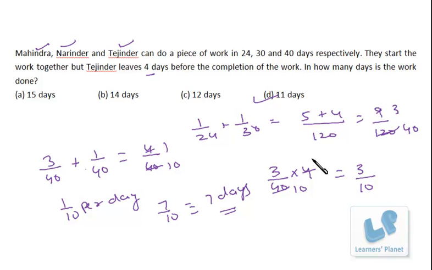That means in 4 days they are doing 3 by 10 of the work. That means before leaving Tejinder, all of them might have done 7 by 10 of the work, right? Now the capacity of all of the three taken together is 1 by 10 work per day. That means 7 by 10 work will take 7 days to get completed. So these 7 days and these 4 days in all, the work will take 11 days to get completed. Okay.